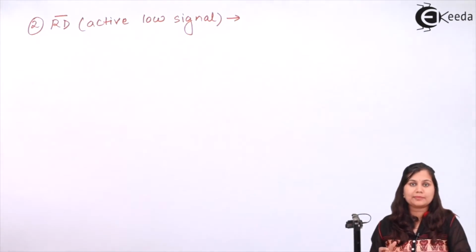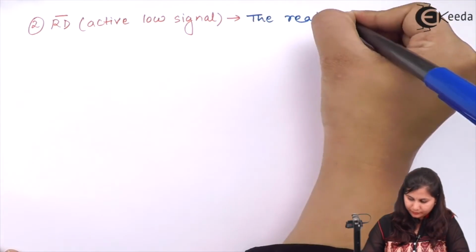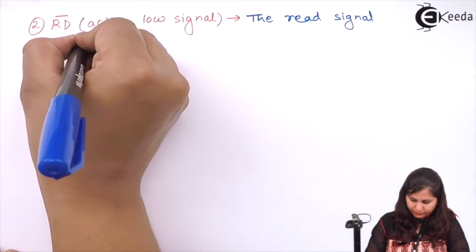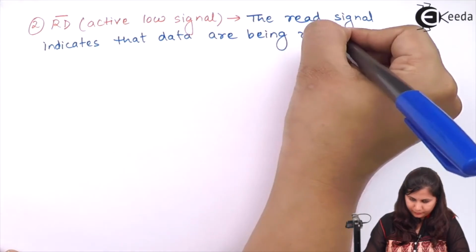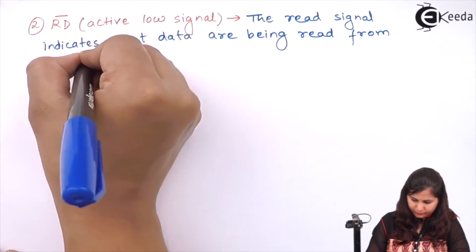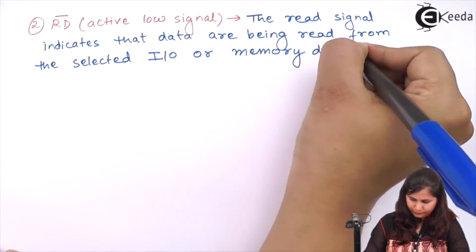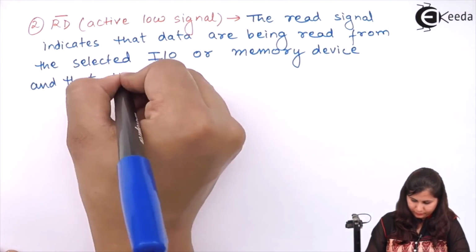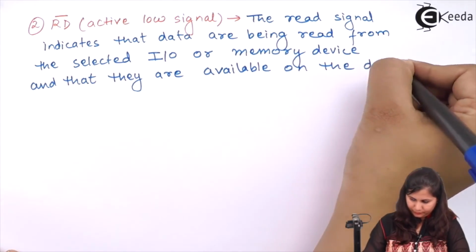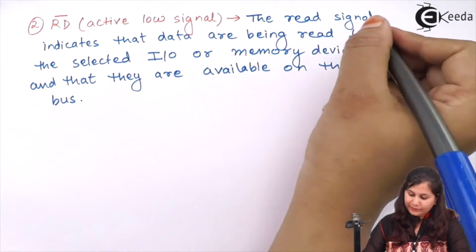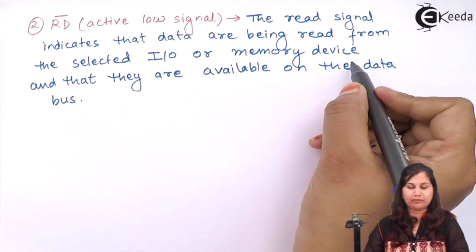So the read operation is performed when this signal is low. This read signal indicates that data is being read from the selected input, output or memory device.